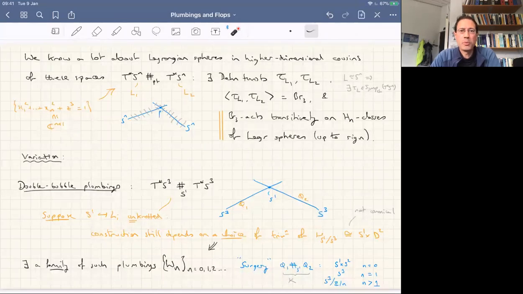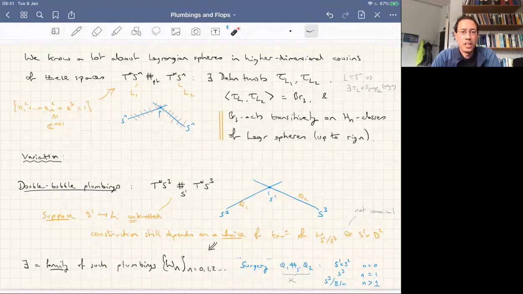So the story I want to talk about today, which connects to a couple of different things, is a minor variation where I take n equals 3, but instead of gluing two copies of the cotangent bundle of S^3 together at a point, I want to glue them together at a circle. So I'll have, it's slightly hard to draw this, but two S^3s, and they'll come together and cleanly meet along a circle.